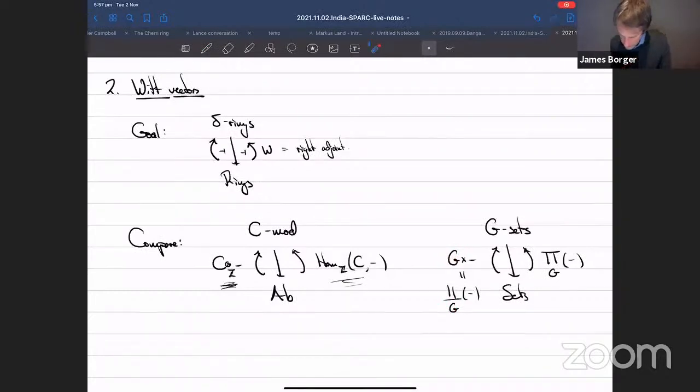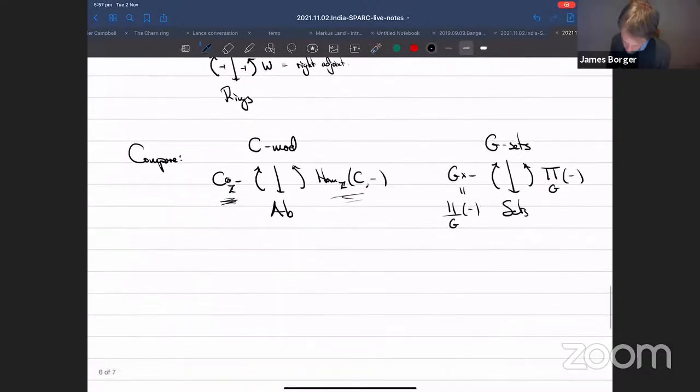So what I claim is that W is kind of an analog of either this construction or this construction, but in this slightly messier context. In fact, the analogy I really want to emphasize is differential rings.